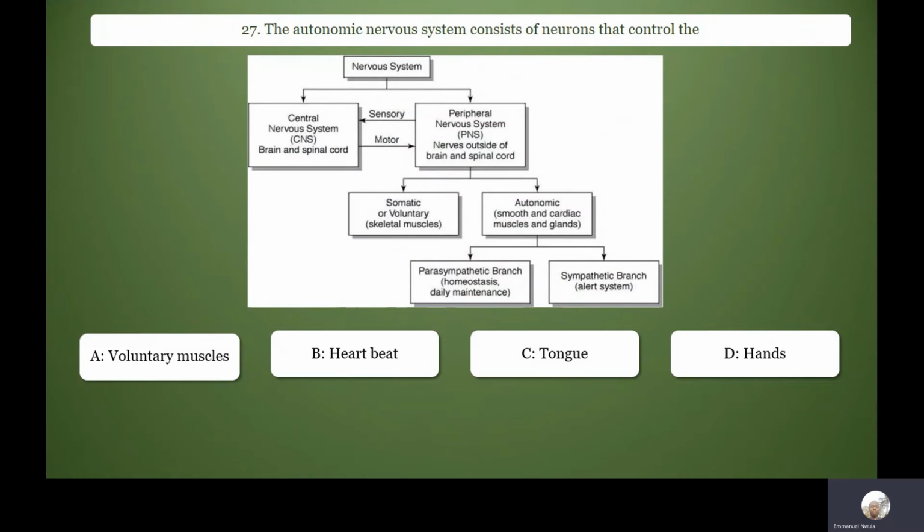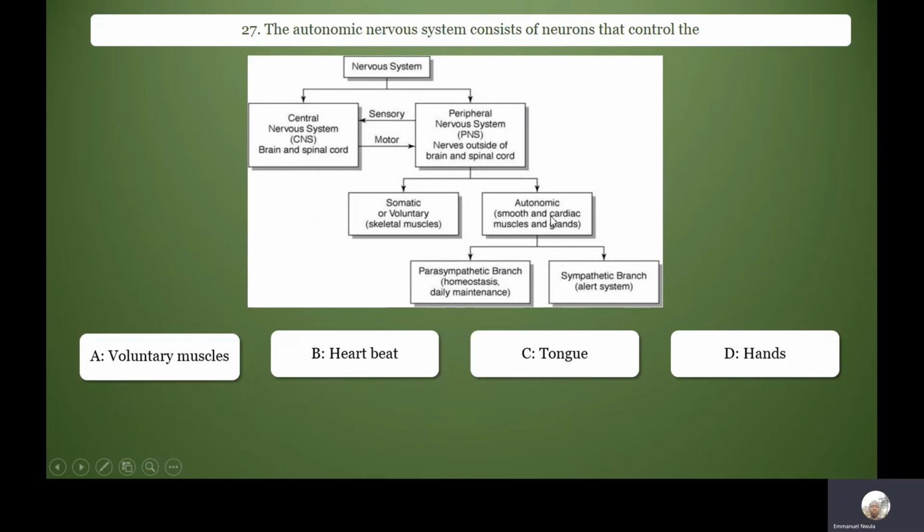The autonomic nervous system consists of neurons that control... The correct option here is B, the heartbeat. The heartbeat is controlled by muscles known as the cardiac muscles, and cardiac muscles are involuntary muscles. Involuntary muscles are controlled by the autonomic nervous system.